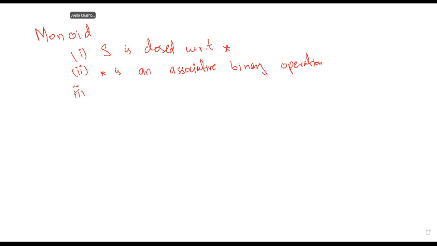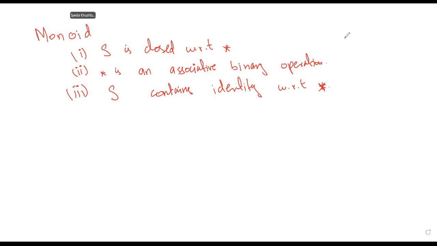And the third one is S contains identity with respect to the binary operation. Okay.